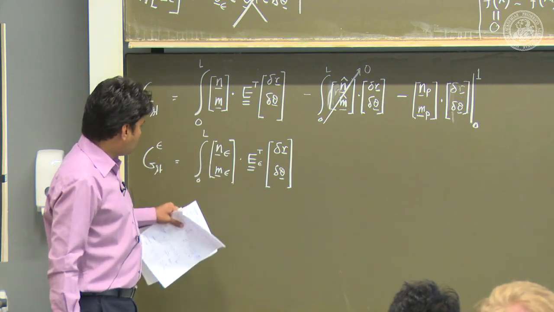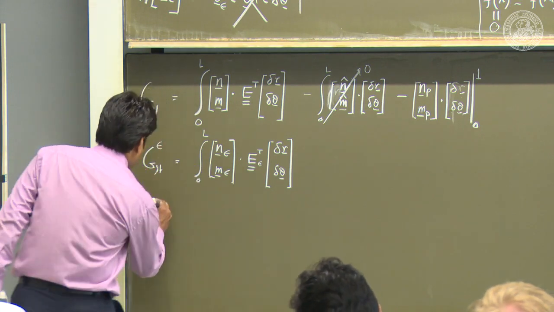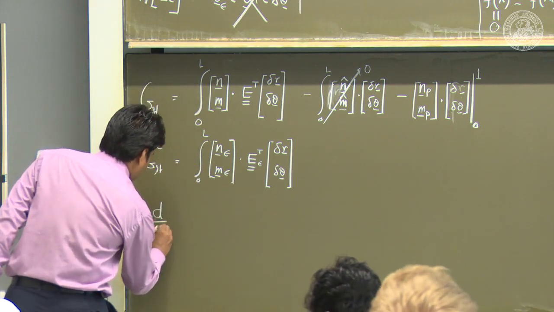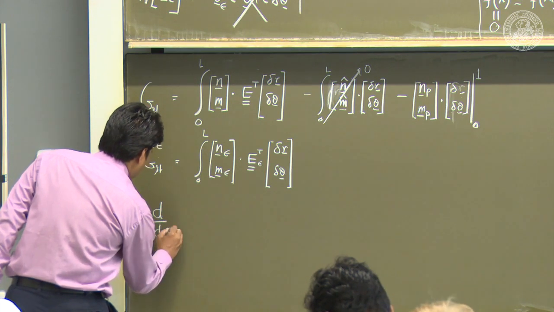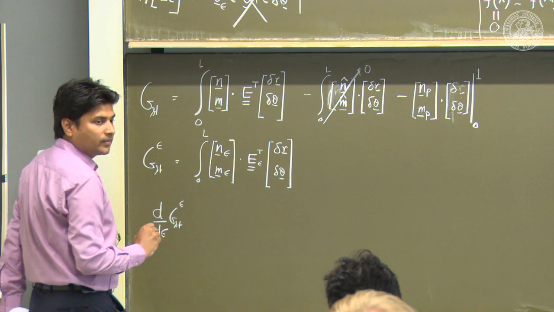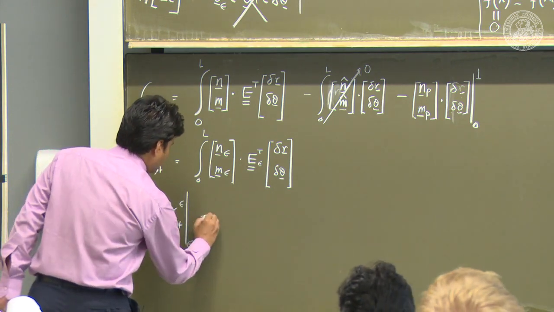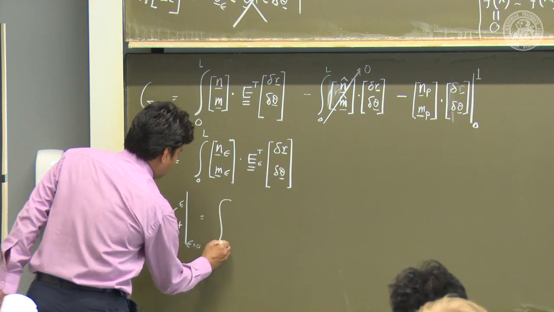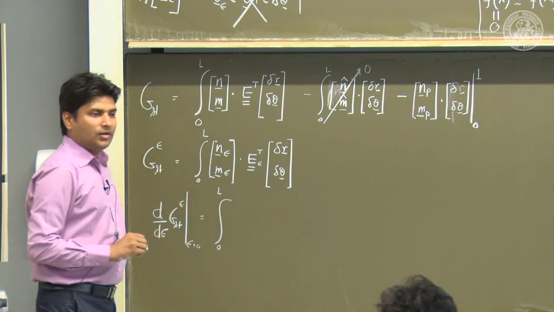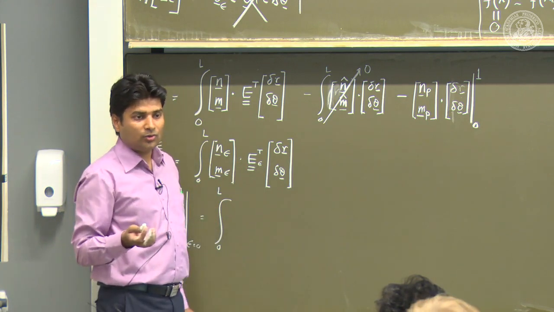but this does not get any epsilon, because these are variations, they do not change with epsilon. And then we have to find d by d epsilon of this, so d by d epsilon of G static epsilon at epsilon equal to 0. What is that going to be equal to? There are two things which depend on epsilon, so of course we have to use the product rule.